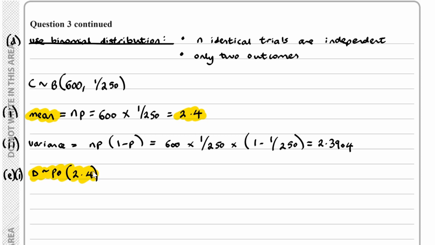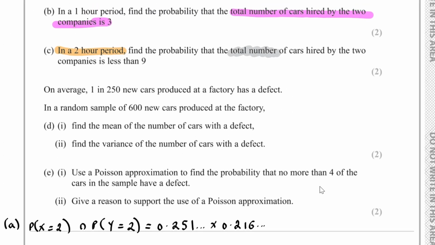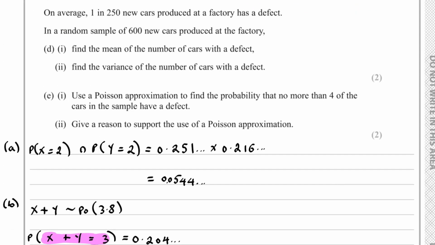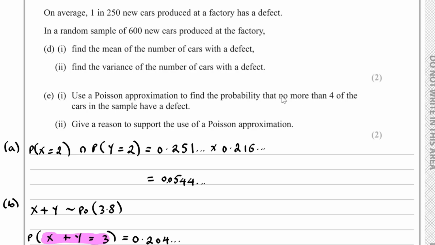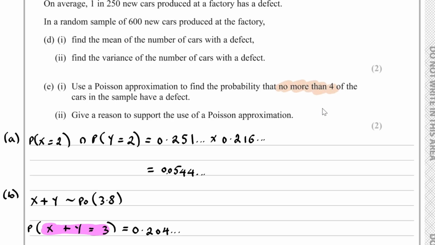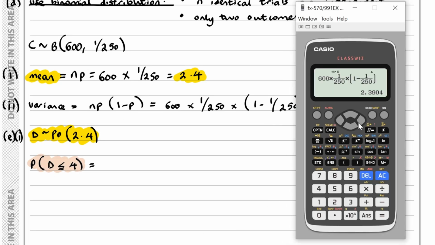Having said that, we're looking at the probability that D is less than or equal to 4, and the reason we're doing that is because we were told in the question no more than 4. So let's just highlight this perhaps. We have no more than 4. And working this out, what we'd have to do is go to the distribution section.